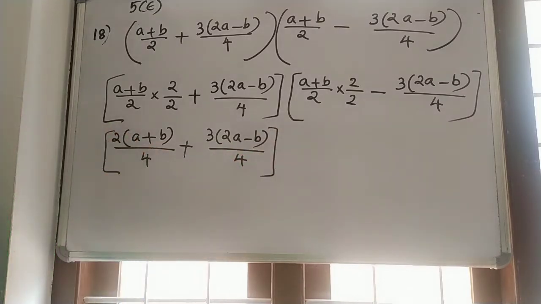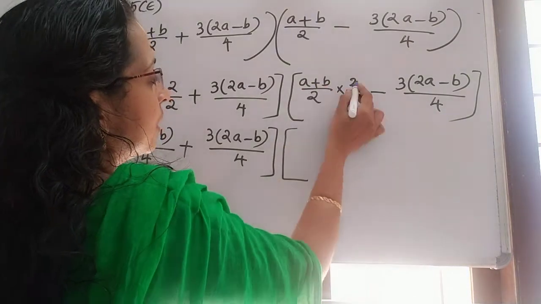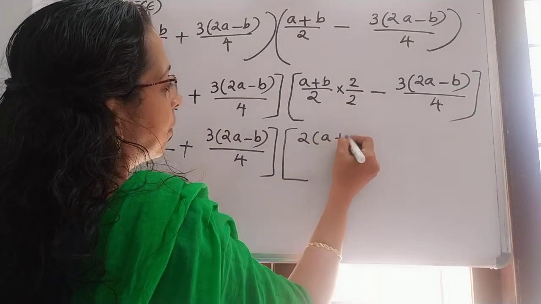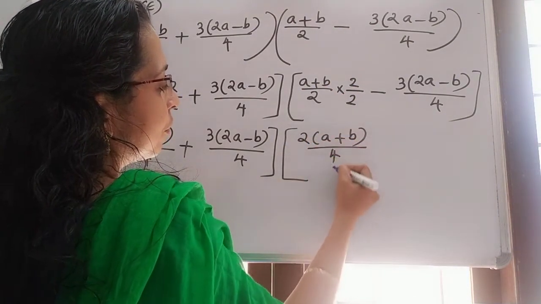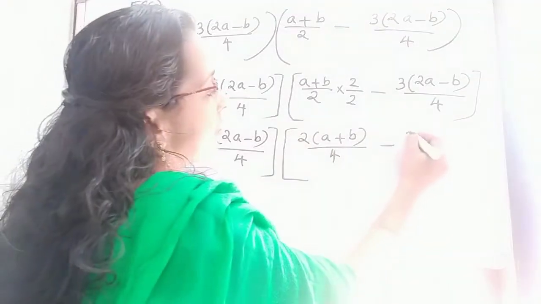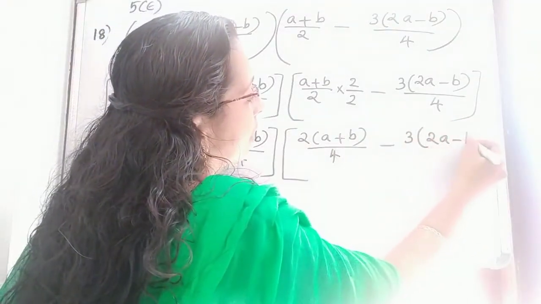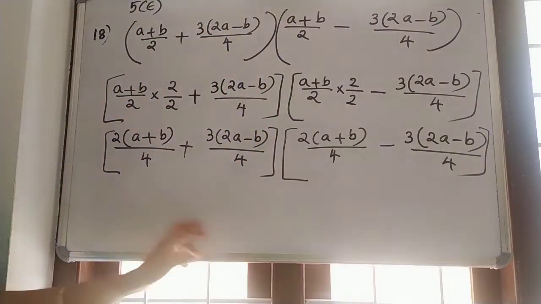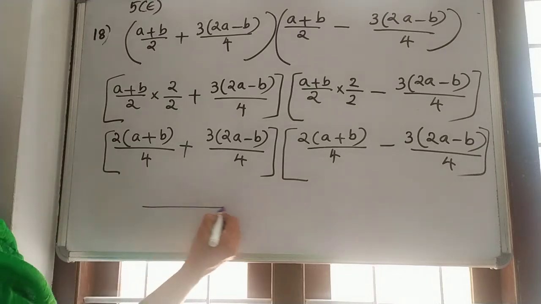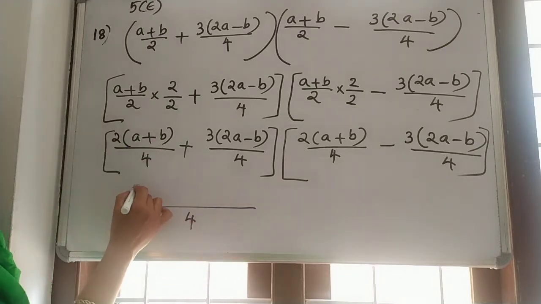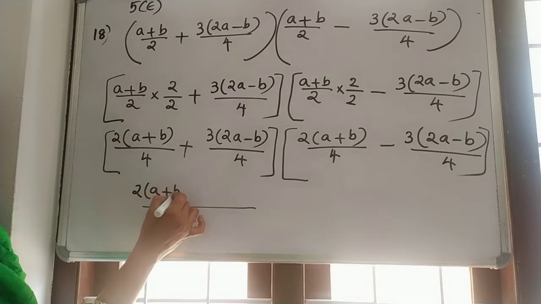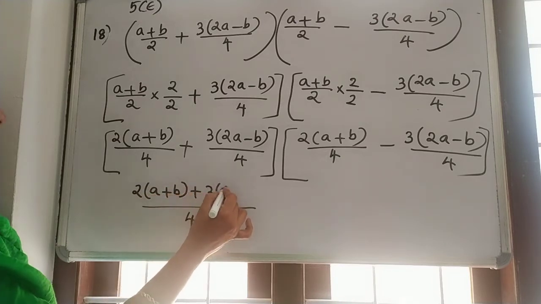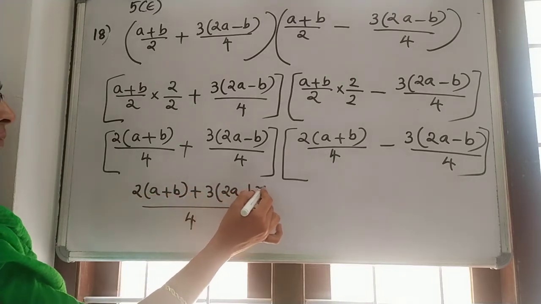Then same way here, 2 into a plus b by 2 into 2, 4, then minus 3 into 2a minus b divided by 4. So same denominator means we can add the numerator. So next step, same denominator, add in the numerator 2 into a plus b plus 3 into 2a minus b.